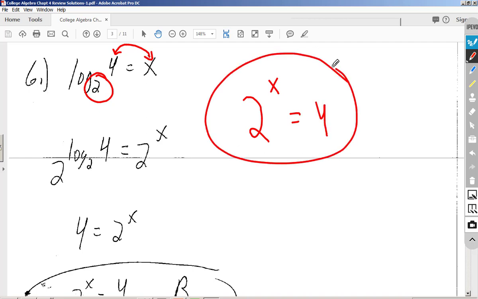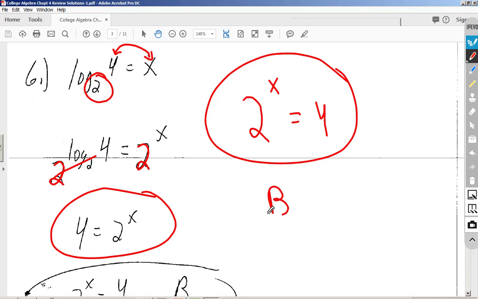You can use the old rules that we learned at the very first of our chapter, which said keep the same base and switch the x and y value, or since we learned later on when we were solving them that you could just base both sides by 2, which is what I did right here, you'll get the exact same answer. So either way works. Just go ahead and choose whichever method you want to do. So it looks like this one is going to match up with answer B.